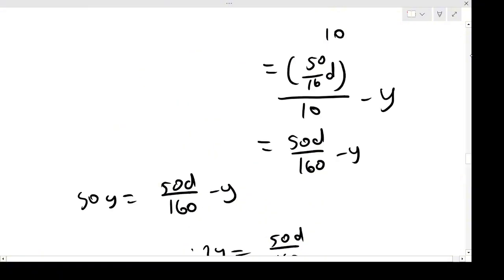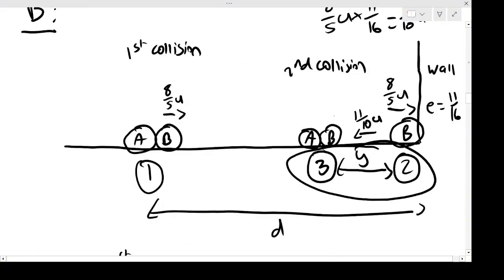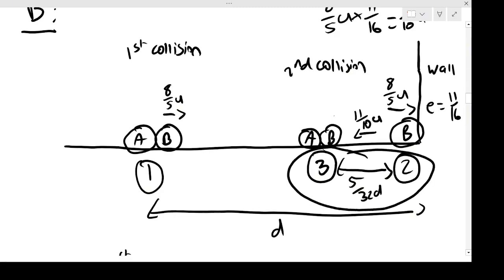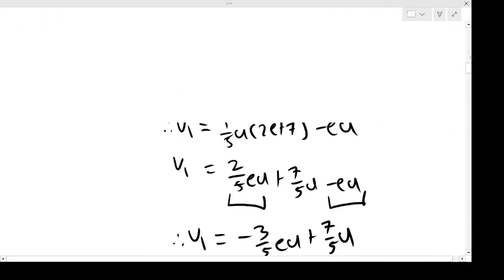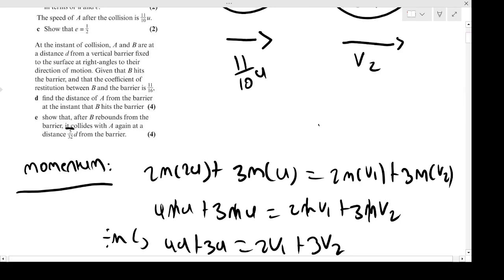And there we are. So y is now 5 over 32 lots of d. That is the distance between the second collision and the wall, which is what they wanted to work out. And you can see I got the answer they wanted, right? 5 over 32 lots of d.